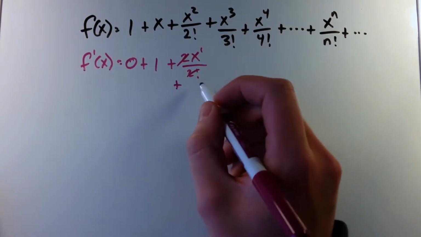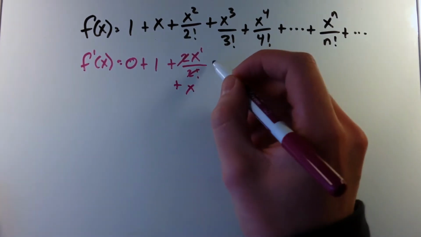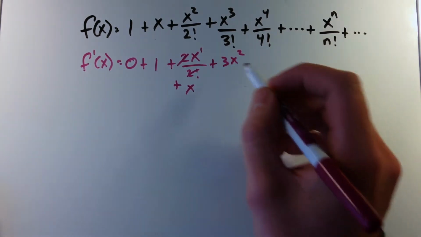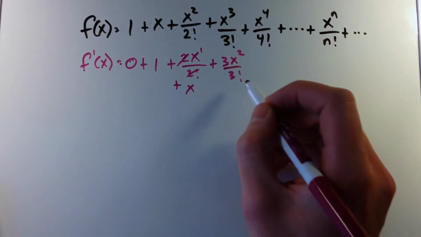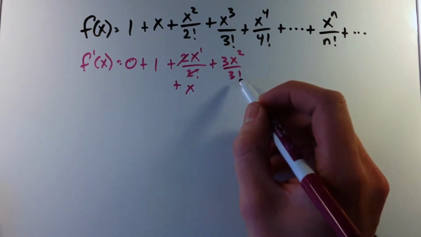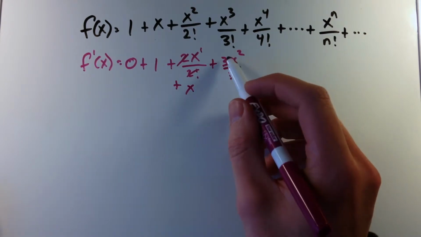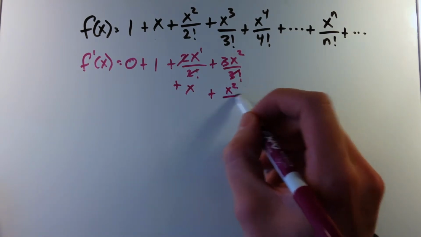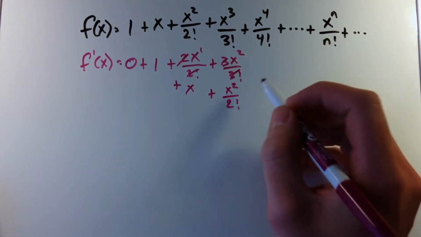So this little part here ends up just being x plus 3x squared over 3 factorial being 3 times 2 times 1. Well, the 3's just cancel out, and we're left with x squared over 2 factorial.